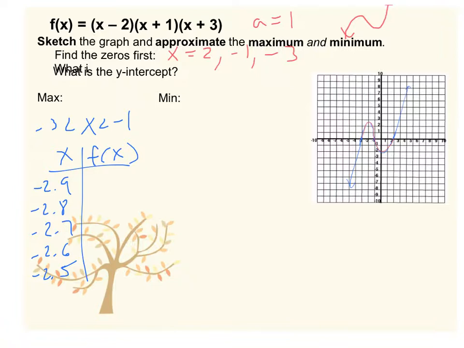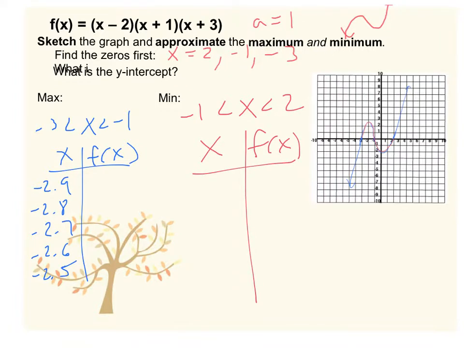The minimum would be the same thing, except from the graph I've seen here that between -1 and 2 is where I'm going to find my minimum. So again, I have to go with this route of just guess and check, but now I would know the smallest point I should start at is -0.9, -0.8, -0.7. If you feel comfortable, you could skip a few values.